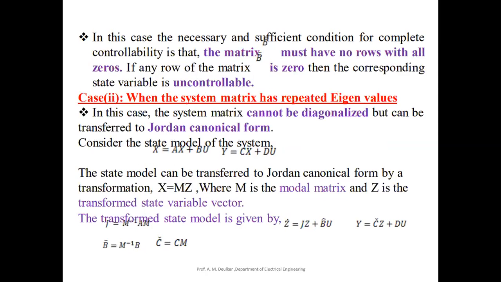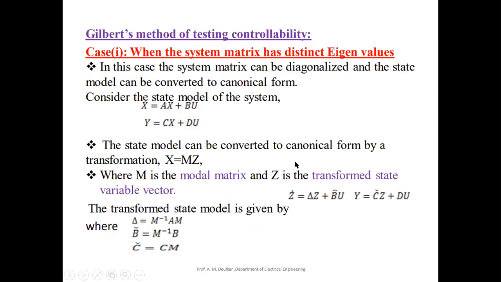Another case is when the system has repeated eigenvalues. The system matrix cannot be diagonalized in this case. Using the model matrix with this relationship, we get the diagonal matrix or the Jordan matrix.